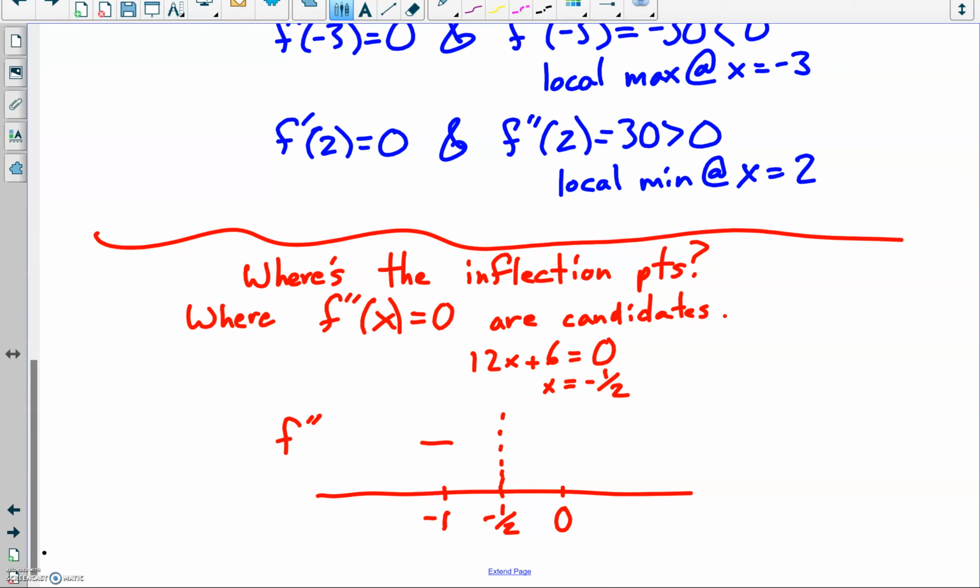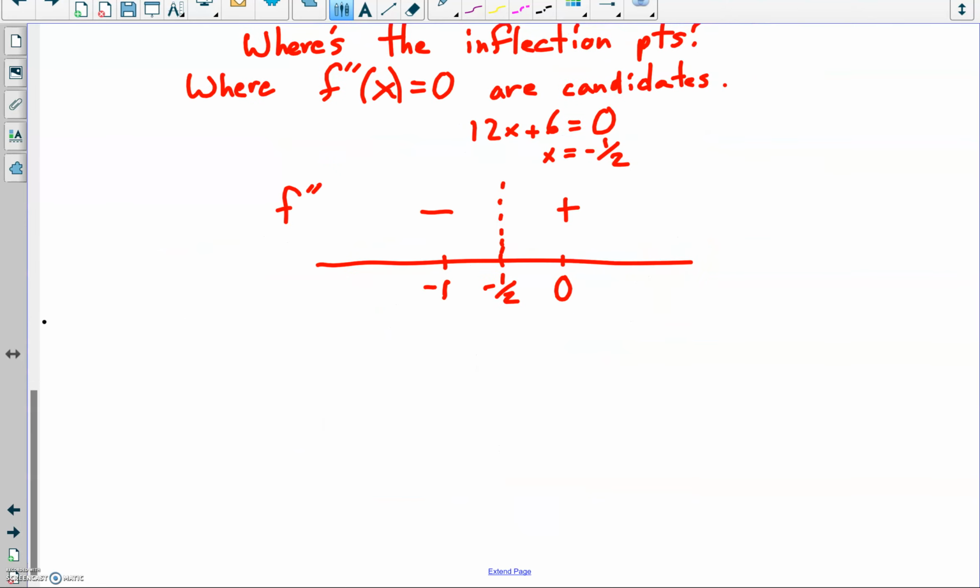And if you plug in 0, you get a positive result. So it does change sign from the left side of -1/2 to the right. Change in sign at -1/2 indicates an inflection point at x equals -1/2.